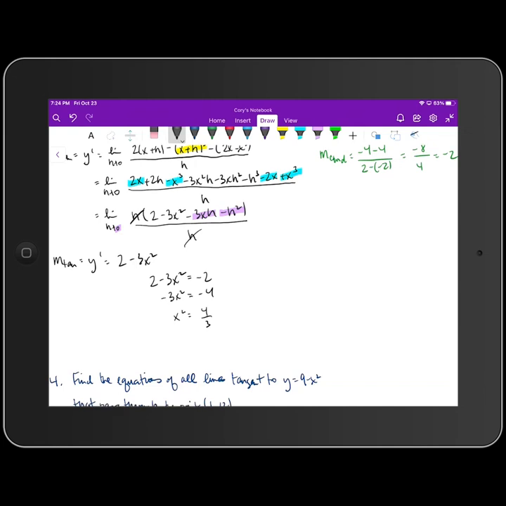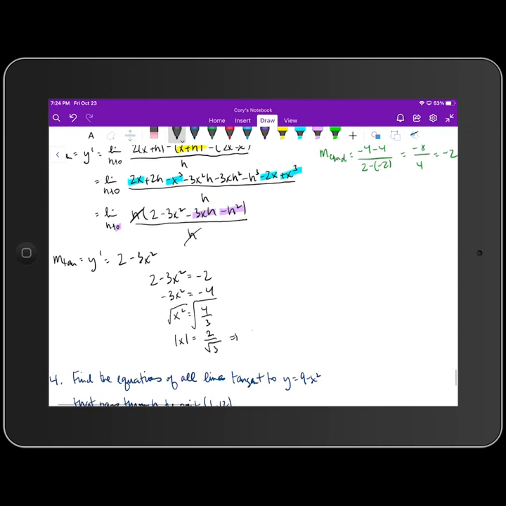And then we take the square root of both sides. So that's going to give me the absolute value of x equal to 2 over rad 3. And then I can drop the absolute value bars, putting a plus or minus in front of the radical on the right-hand side.